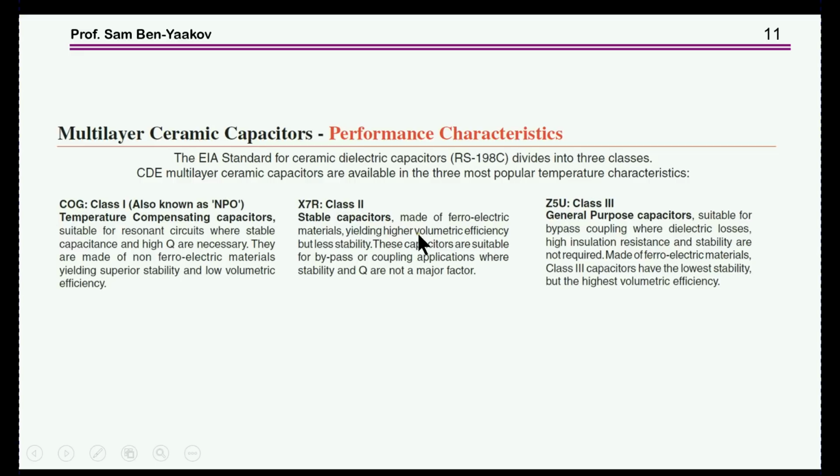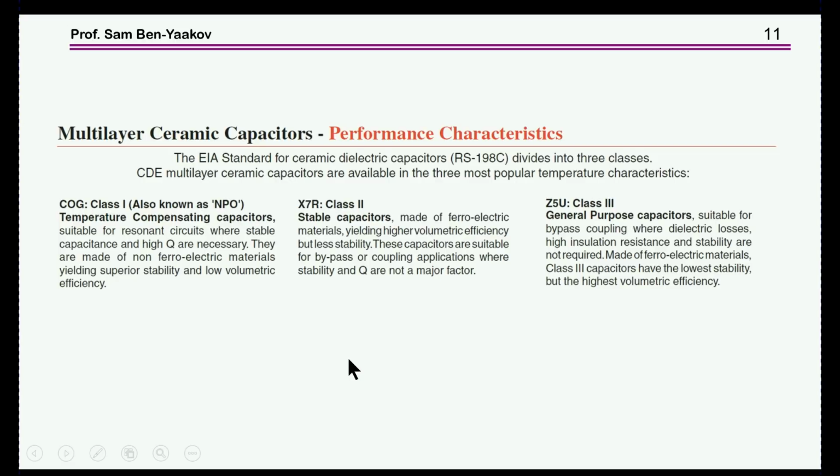the class 2 X7R are proper and used for switch mode converters, things of this nature, in which you don't have a large swing of amplitude. You have a ripple which is usually small. This is in switch mode converters. In resonant converters, obviously the swing is AC.